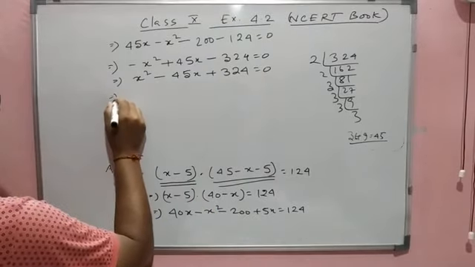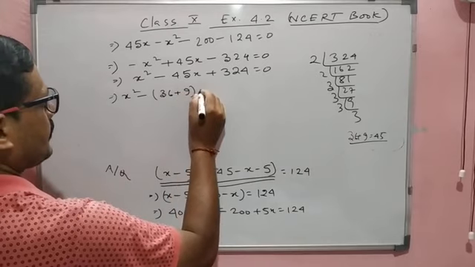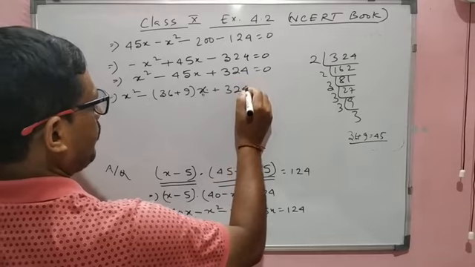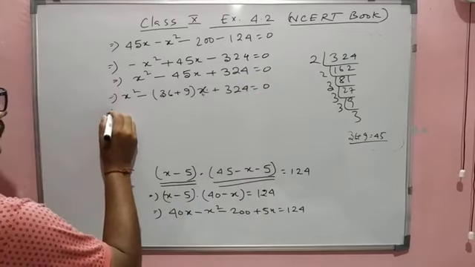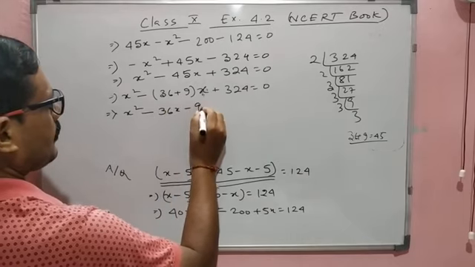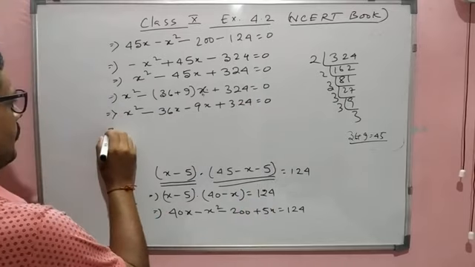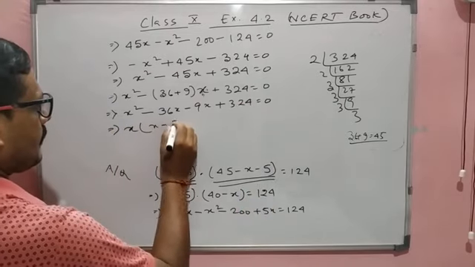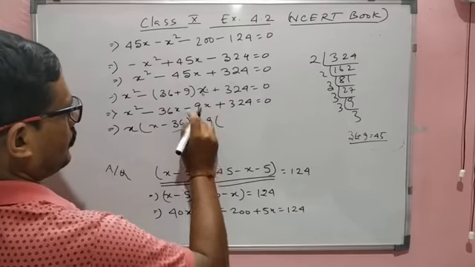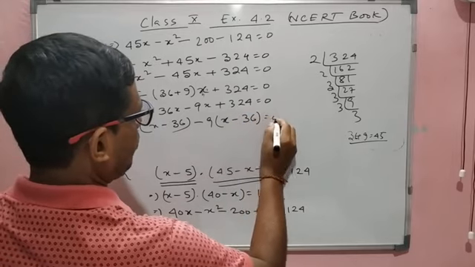So it will be x square minus 36x minus 9x plus 324 equal to 0. Taking x common, it will be x minus 36, and taking minus 9 common, x minus 36 will remain, equal to 0.